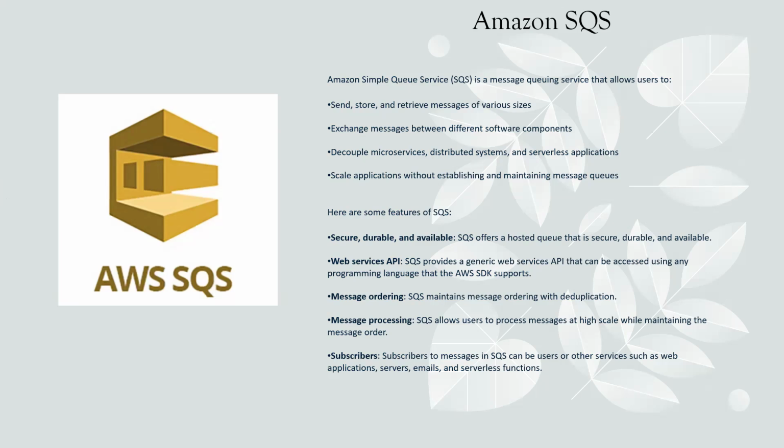You can make use of this SQS queue in your applications, in your API projects, and in projects which are deployed on different environments. You can connect to the SQS queue from serverless applications also. AWS Lambda can connect to the SQS queue to pull the messages and process them.